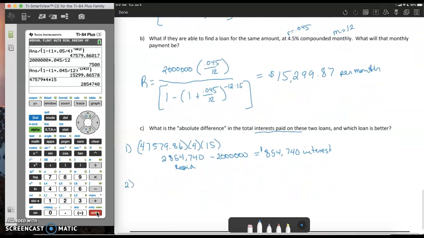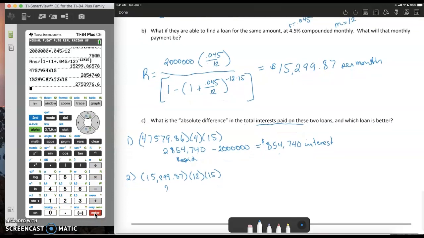Okay, let's see, loan 2. On loan 2, they had to pay back $15,299.87 every month, so 12 times a year for 15 years. So let's see, how much did they repay on that? 15,299.87 times 12 times 15.